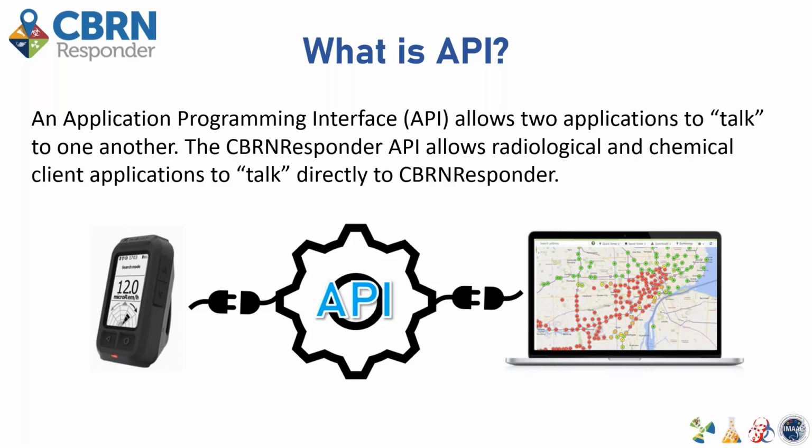Just a quick visual here: on the left, that would be your client application, your device. Then we have that API that is bridging the gap. And on the right, that's where you will see on the website all of the data and information that is coming in.